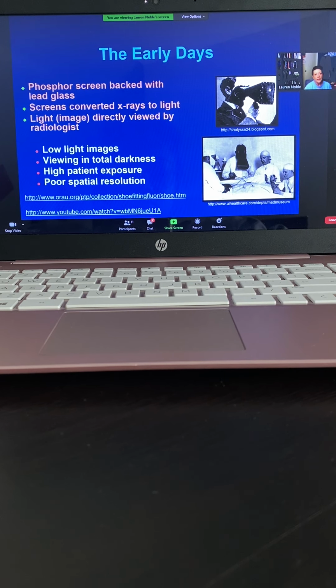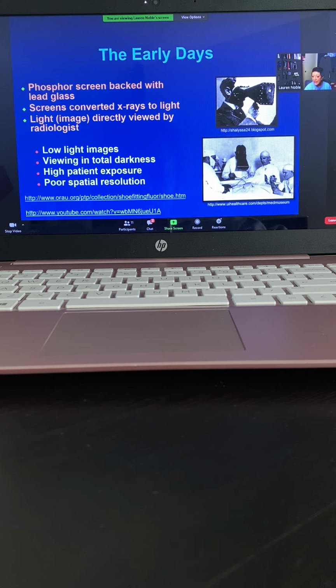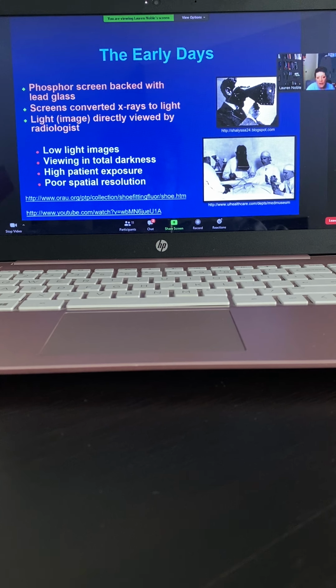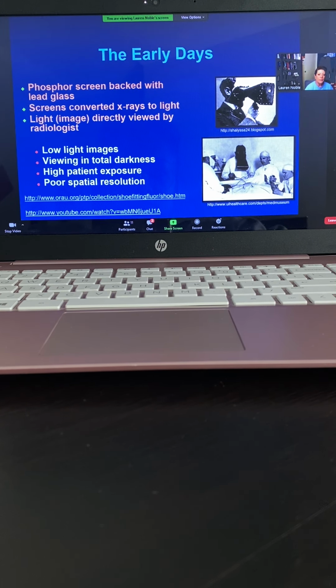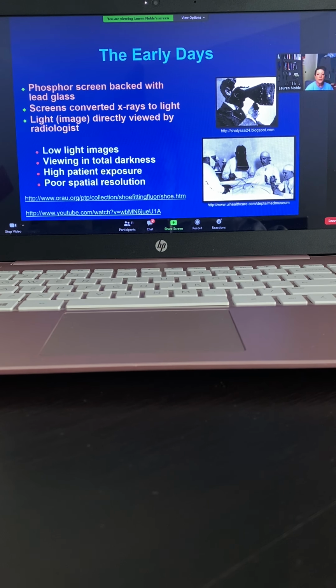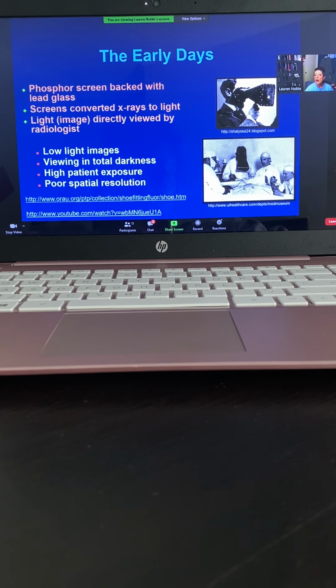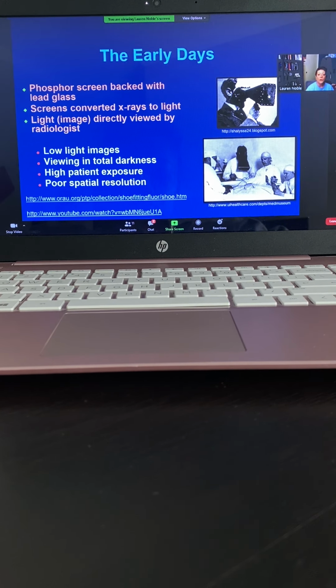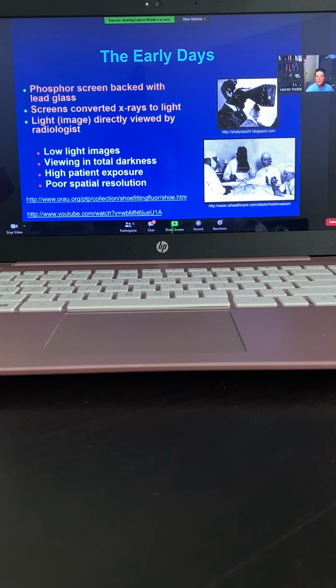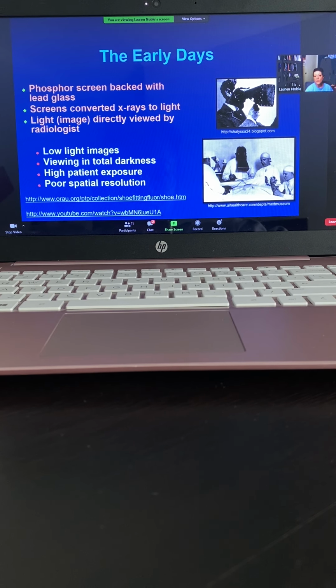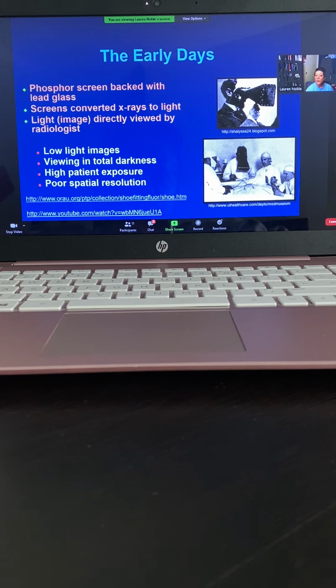There was a lead glass backing there as well. The X-rays would enter this phosphor screen and cause the phosphors to glow. The X-rays would be converted to light, and that light was the image. That image was directly viewed by the radiologist.